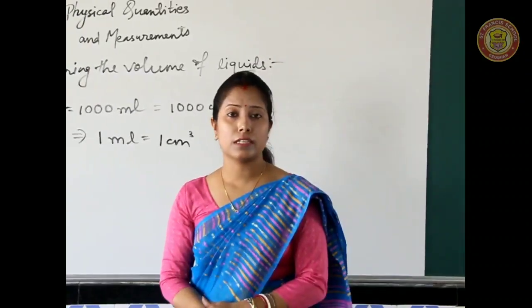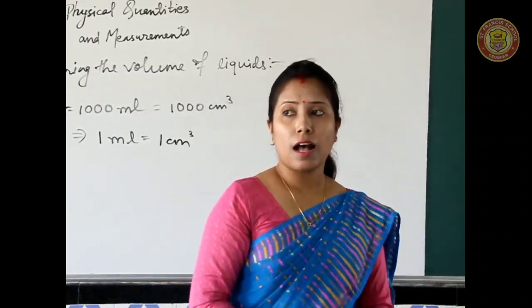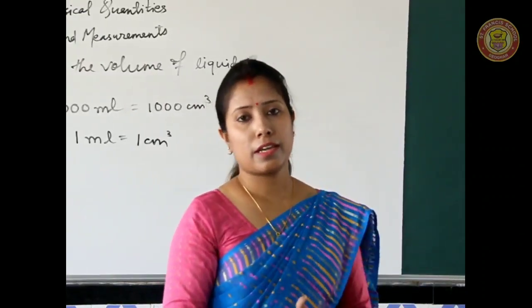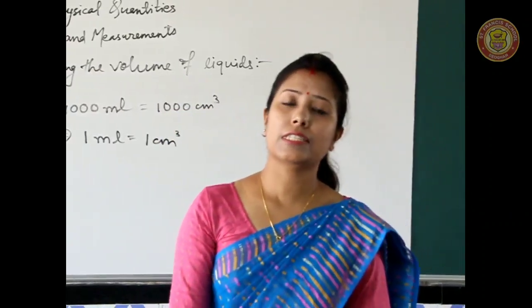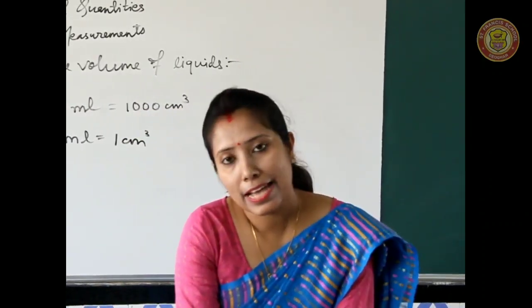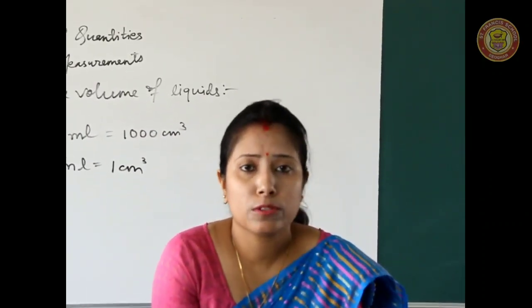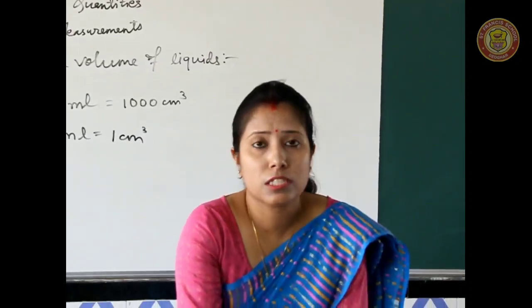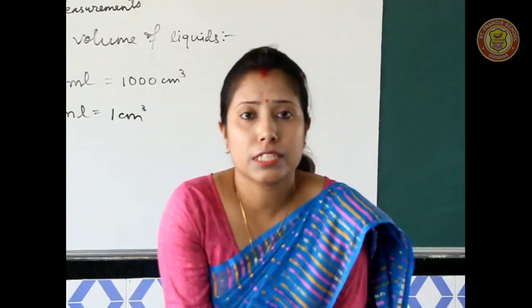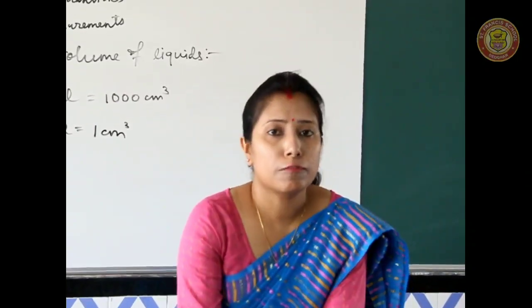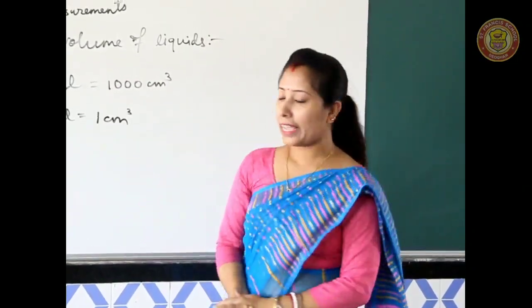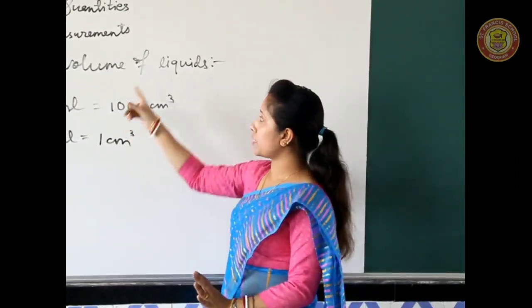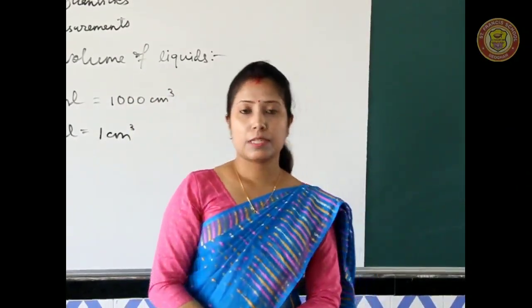These measuring beakers or cylinders are available in both plastic and glass, and they have a graduated scale marked on them. As per our convenience we use them for measuring the volume of particular liquids. So this was measuring the volume of liquids.